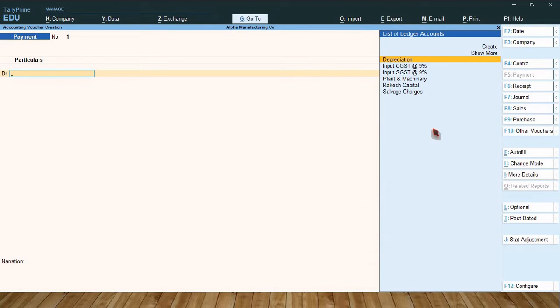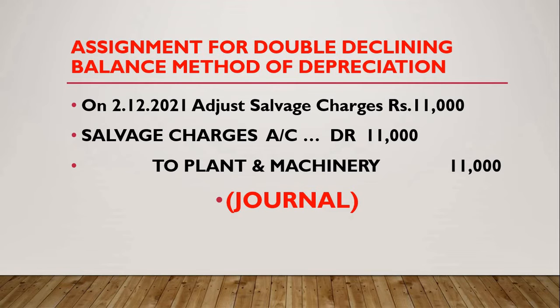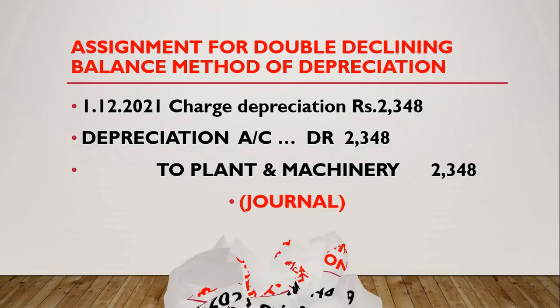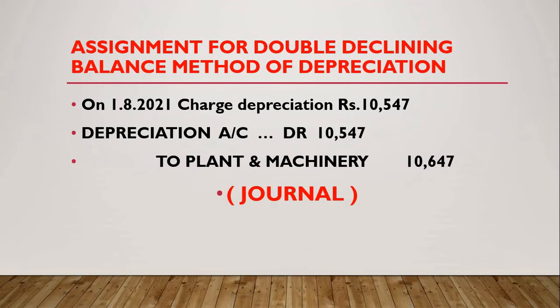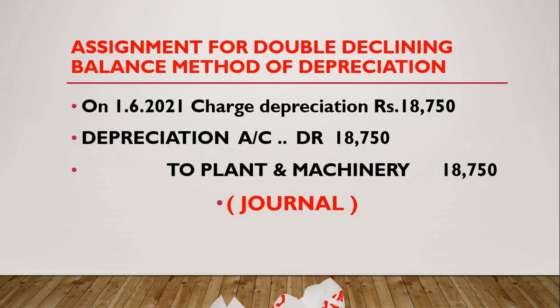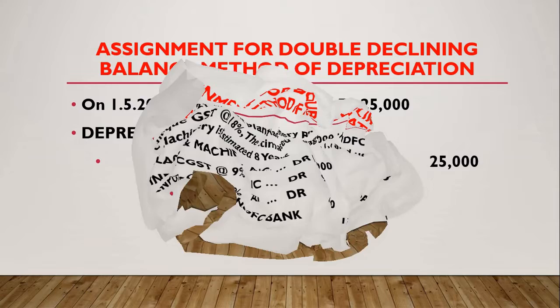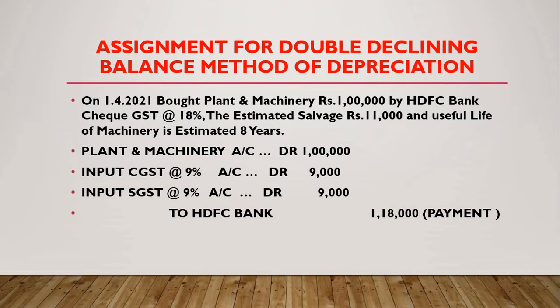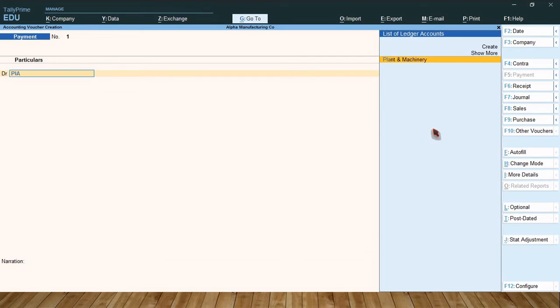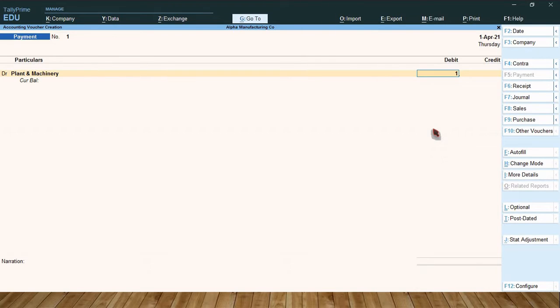So first pass the entry purchase of fixed assets. Plant and machinery, that is 1 lakh rupees.